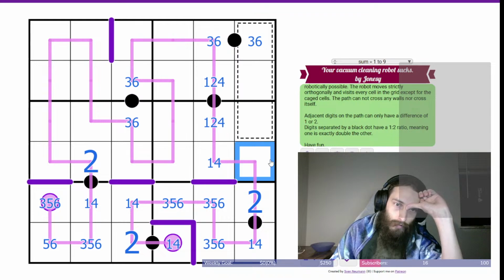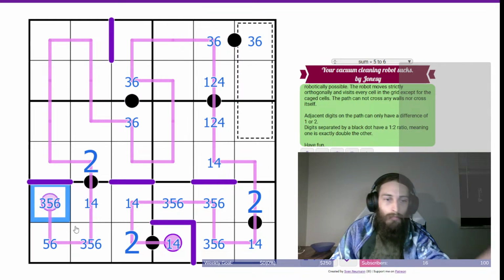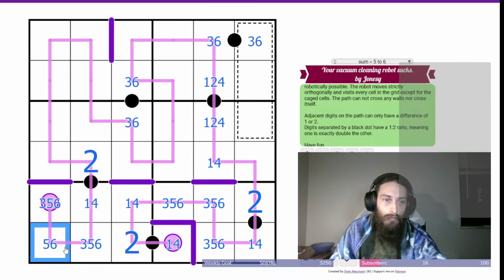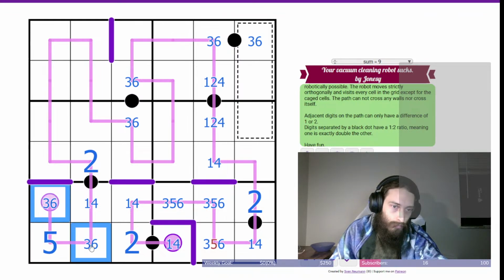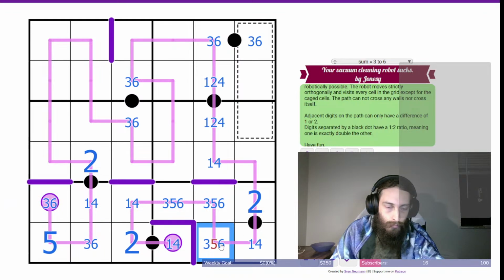Now, if the bottom left corner, that 5, 6 is a 6, well, one of the two beside it's going to be a 5 and the other will be a 3. So that has to be 5. And the same thing with that corner.